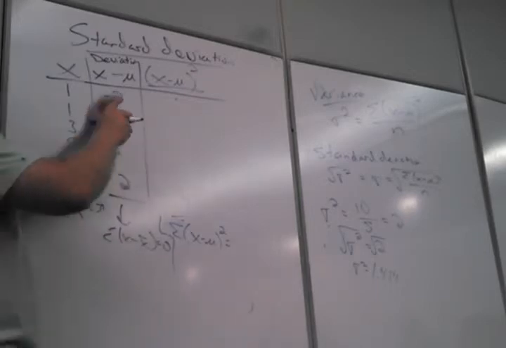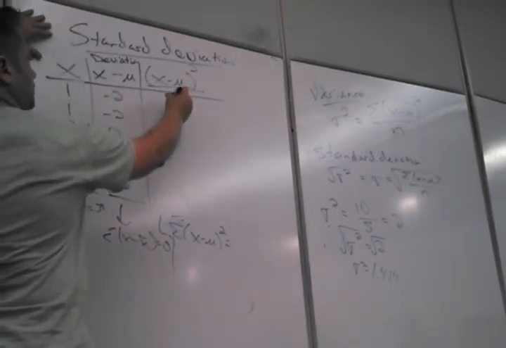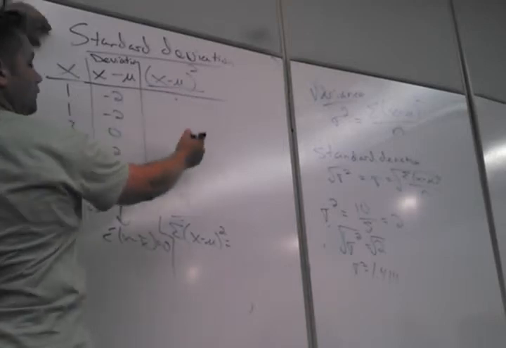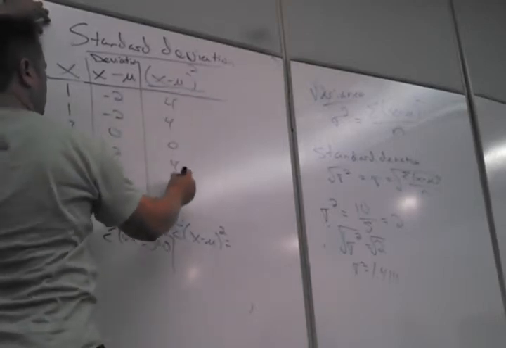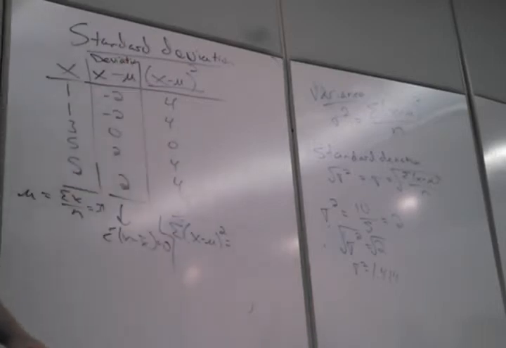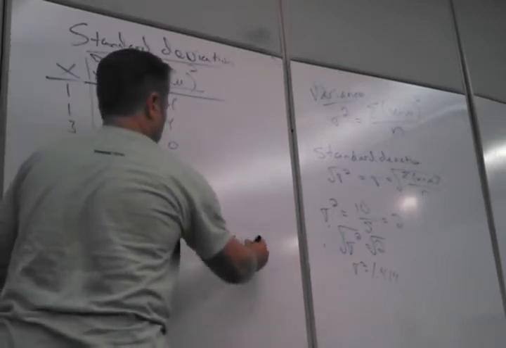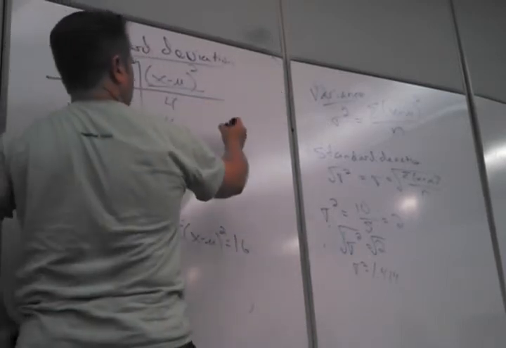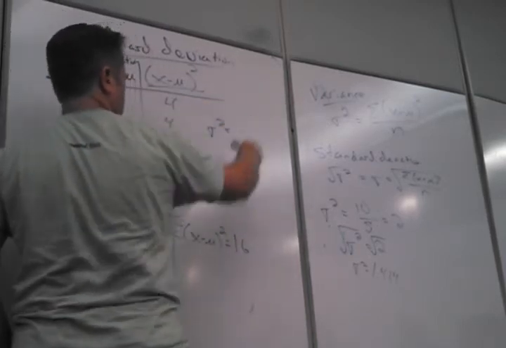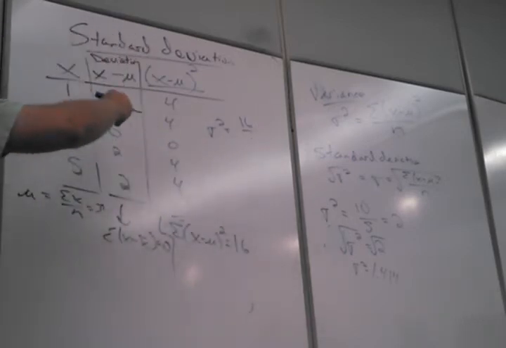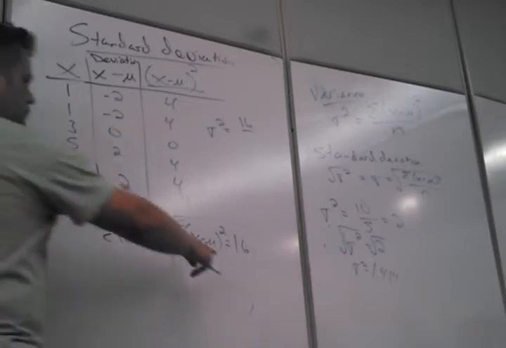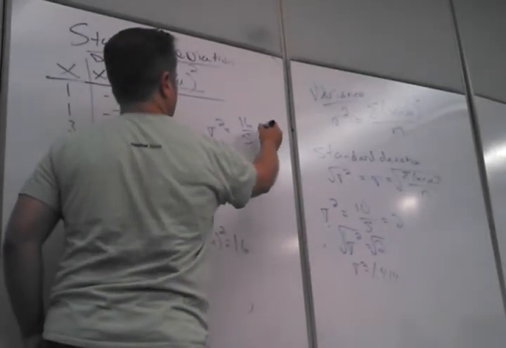All right. So what do I get here? You square those, so you get 4, 4, 0, 4, 4. What's the sum of those now? 16. So the variance would be the sum of these divided by 5, the number of data points.